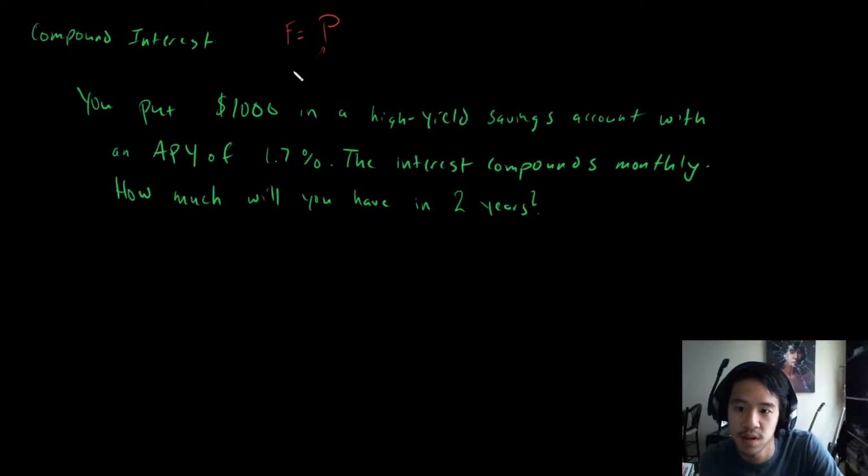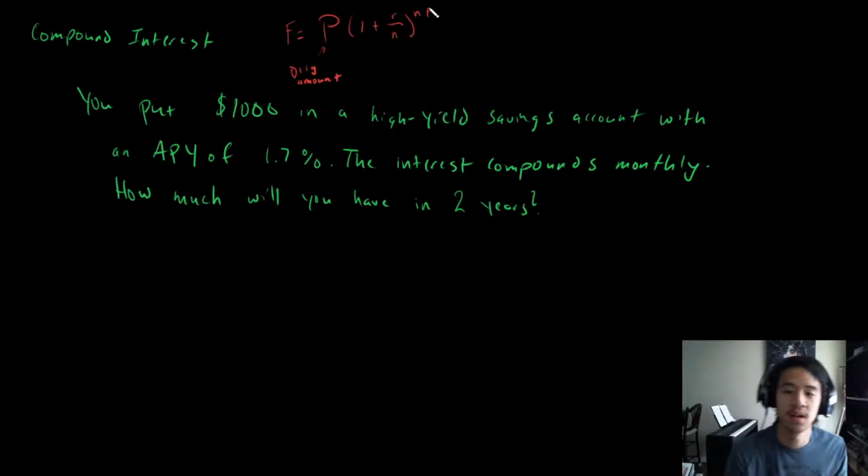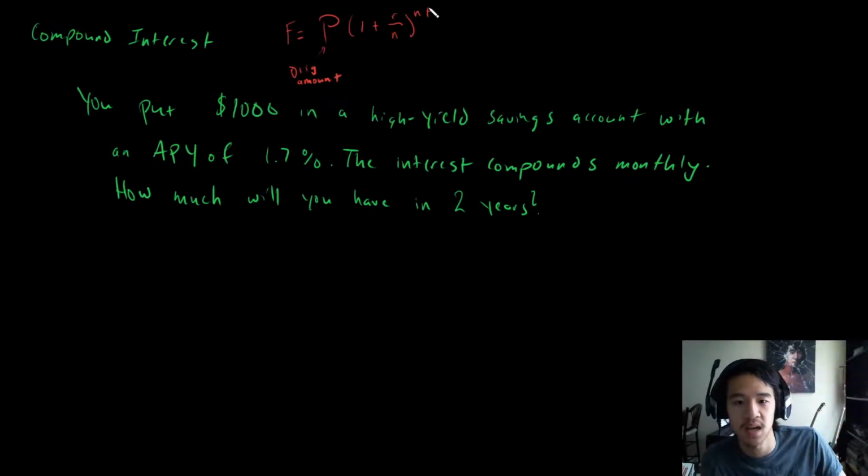This is the original amount that you put in. The principal times 1 plus the rate over n raised to the nt power. So n is going to be the amount of divisions in a year.